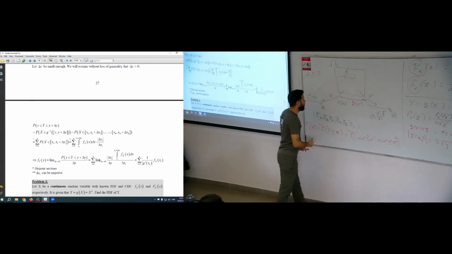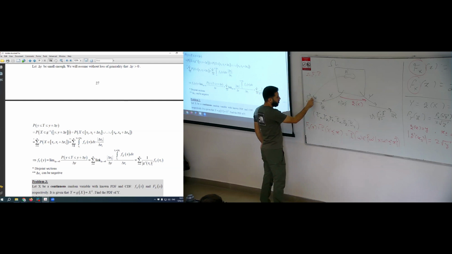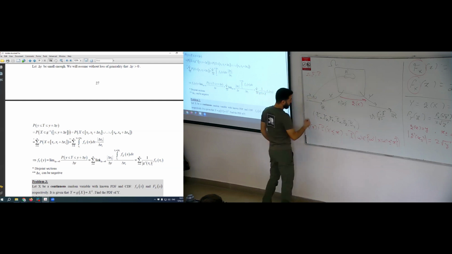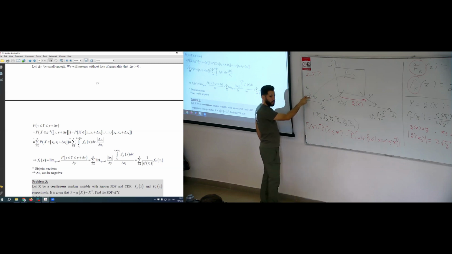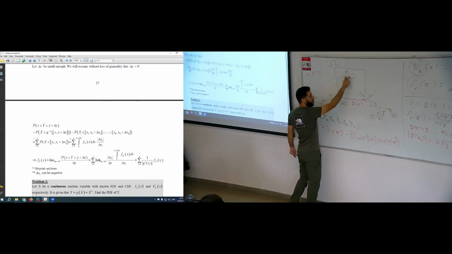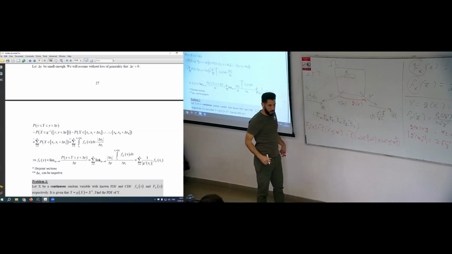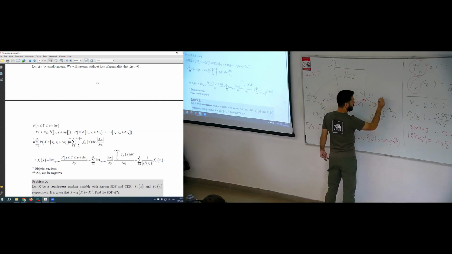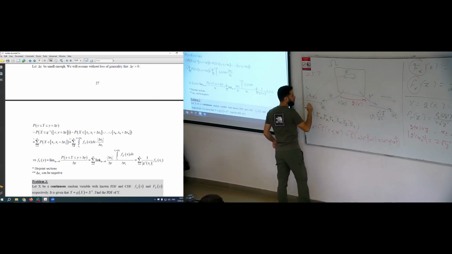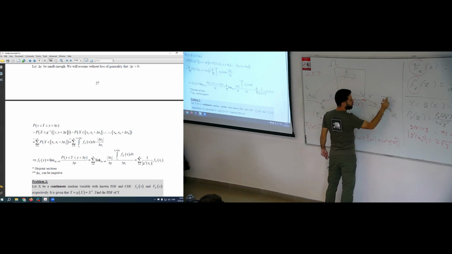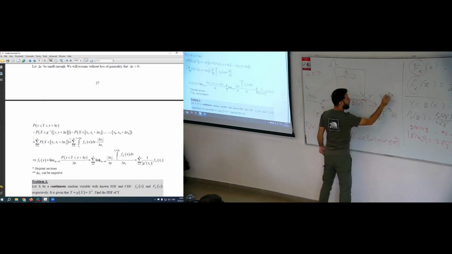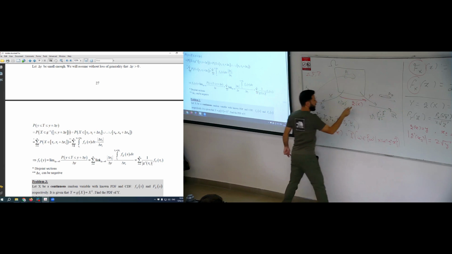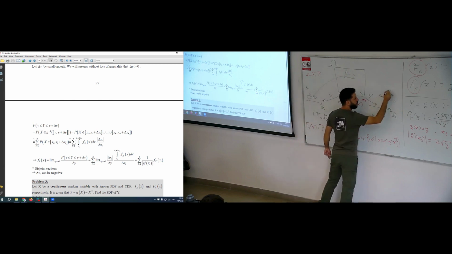Now, if I integrate f of x in this region, I have to get the probability of this event. Let's call this A x, and this A y. And it has to be that A y is the image of A x using g.